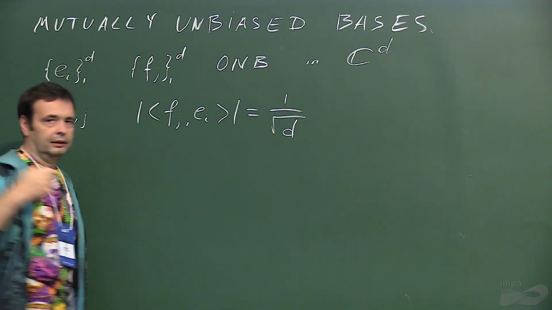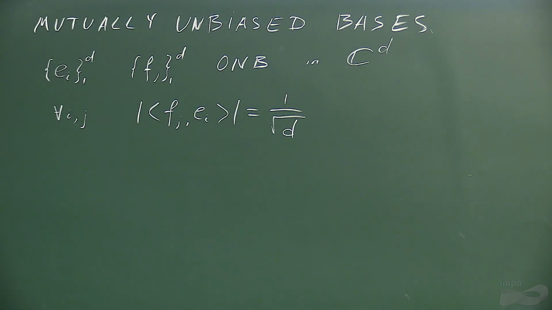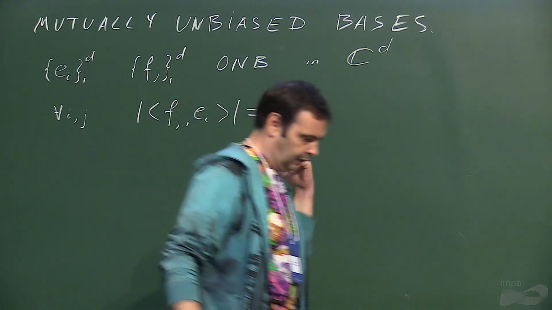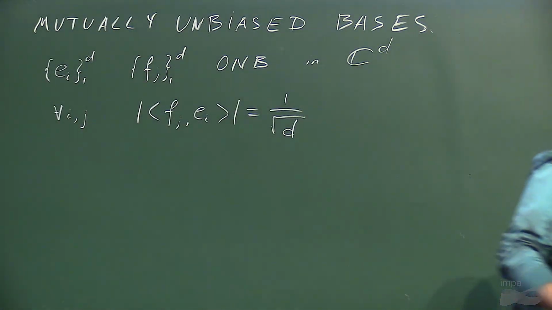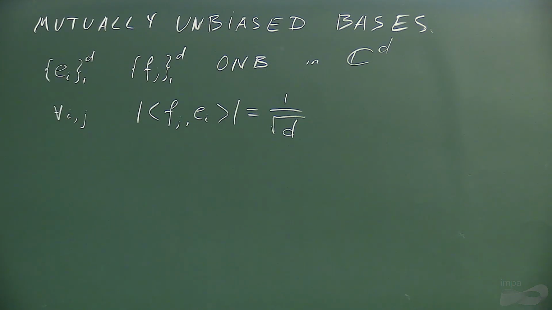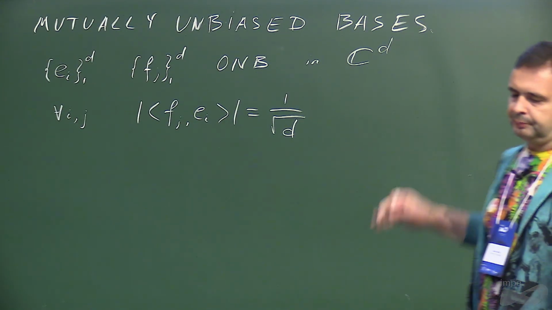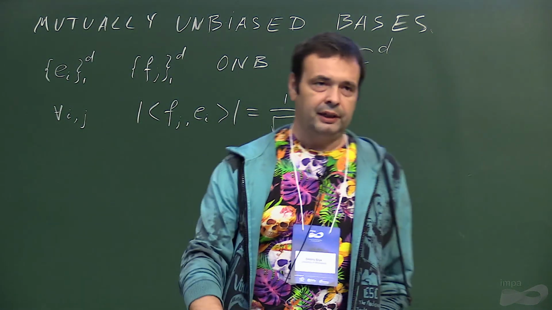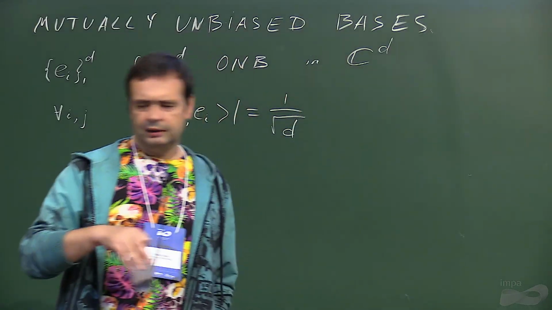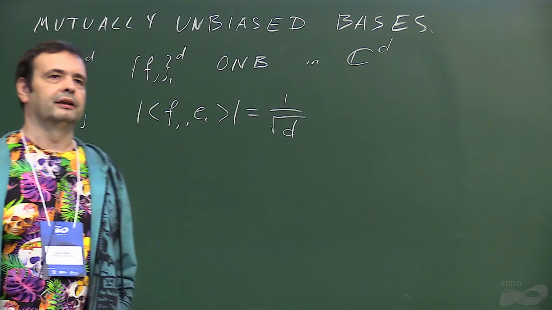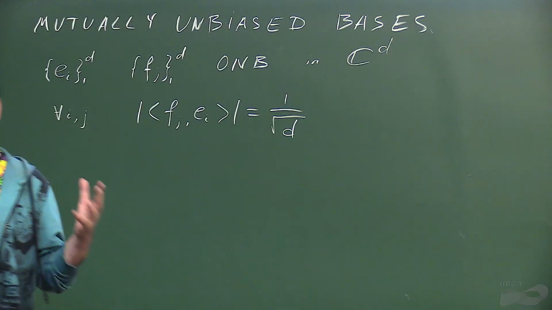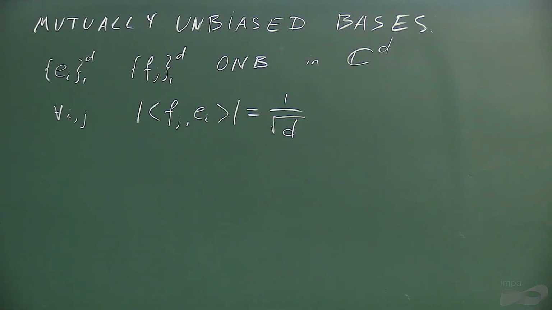So the absolute value is constant if you take two elements from different bases, and it's easy to see that it has to be 1 over square root of d. These come up in many areas, in many applications, in particular in frame theory and in quantum information theory. Essentially what it says is that if you know the expansion in one basis, you cannot tell too much about the expansion in the other basis.